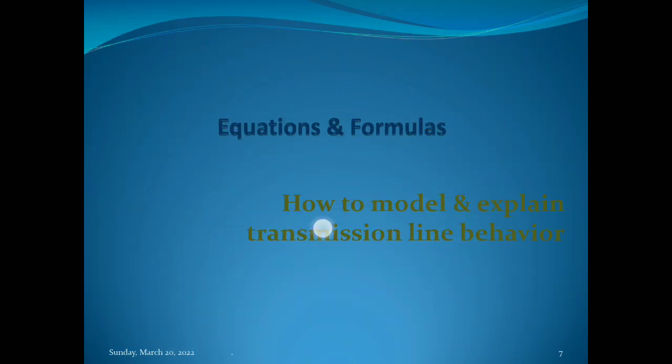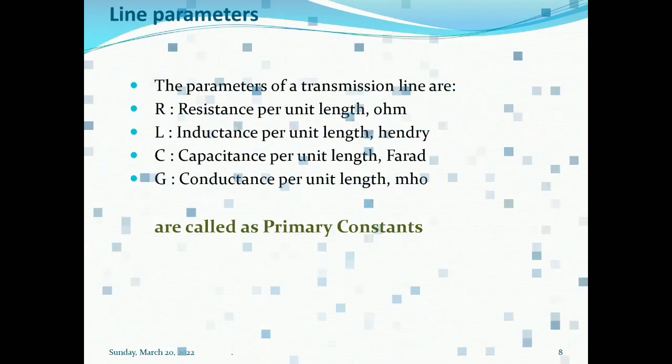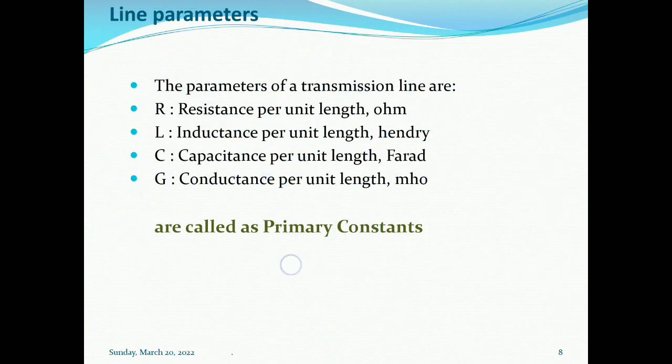Next we will discuss how to model or explain the transmission line behavior, that means the analysis of the transmission line. The important line parameters are resistance, inductance, capacitance, and conductance. The resistance unit is ohm, the inductance unit is henry, the capacitance unit is farad, and conductance is mho.